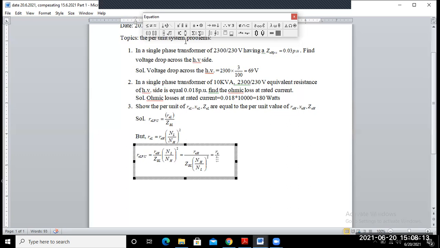Okay, so this is nothing but R equivalent of the high voltage side in per unit.